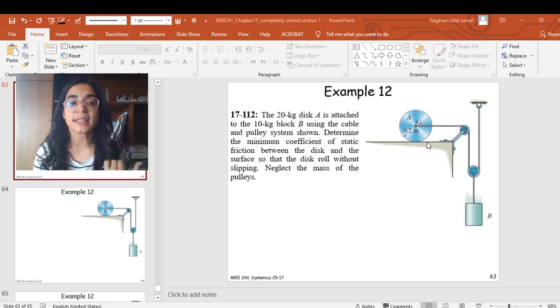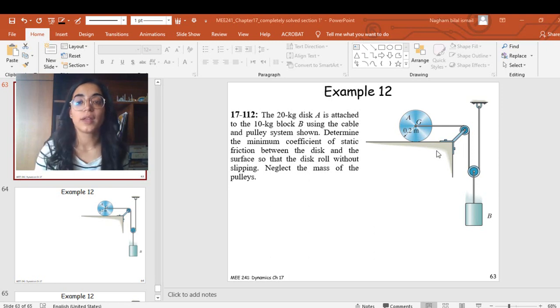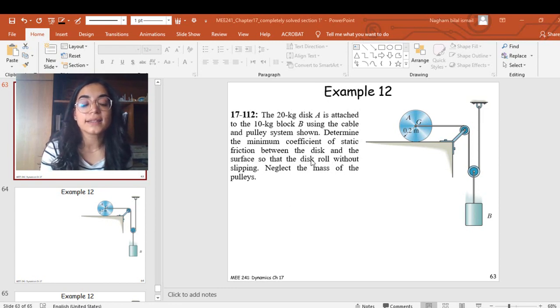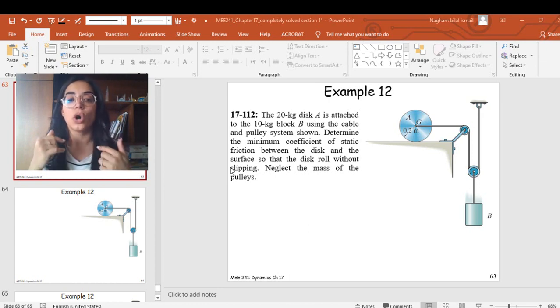So where I have translation and rotation. If I take a look, this disk has both translation and rotation, and in fact, this disk in the question is rolling without slipping. So I have an additional piece of information that this disk is also rolling without slipping.